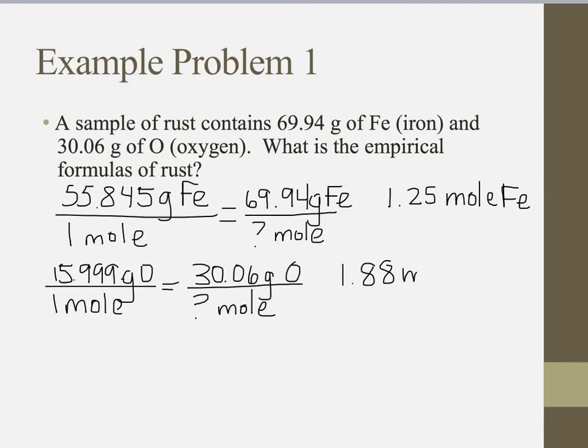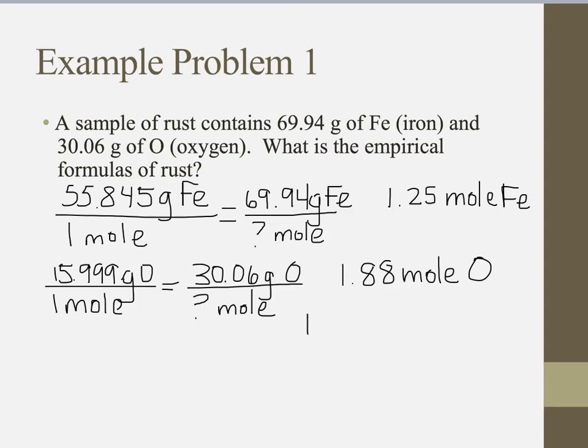1.88 moles of oxygen. Now neither of these are whole numbers, but we learned already that atoms tend to combine in simple whole number ratios. So keeping that in mind, we're going to look at what the simple whole number ratio of moles of iron to moles of oxygen would be.